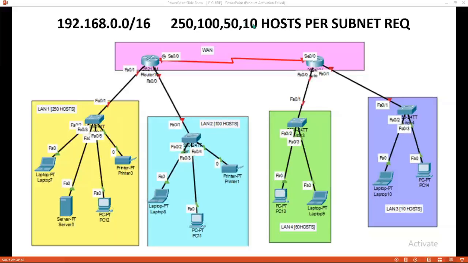Here our calculation is mainly focused on hosts per subnet. I said that we need 5 subnets, but the calculations mainly focus on the number of hosts on each subnet. So what you need to do is 2 to the power h greater than or equal to the particular number plus 2. Okay, this is the idea.